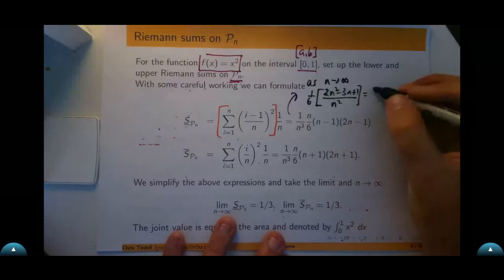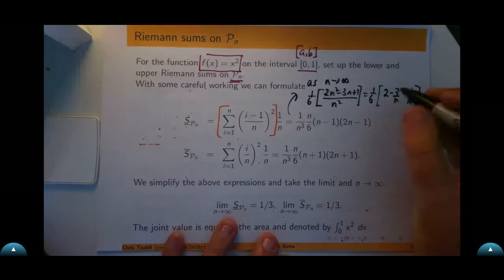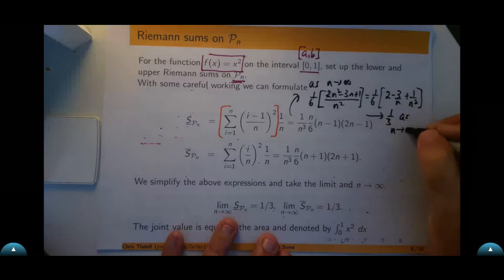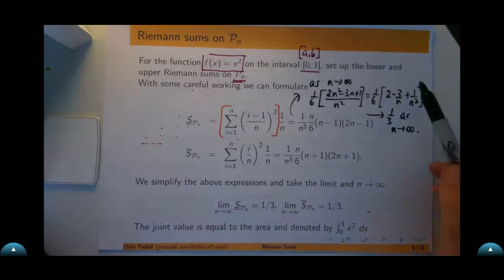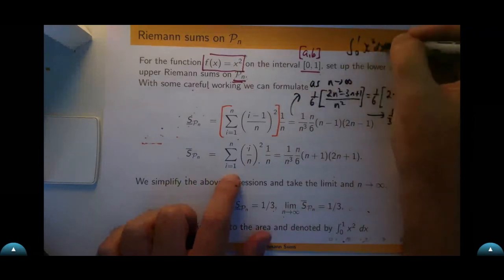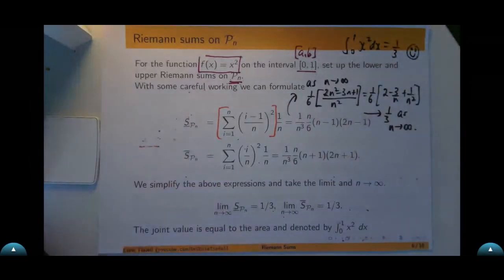So you can divide that into the first part. Now, what is going to happen as n gets large and positive? That goes to 0, that goes to 0, you get 2/6 as n goes to infinity. So that is actually, remember, the exact same thing as this. Wow, how about that?